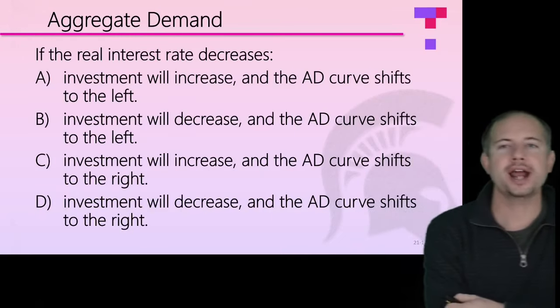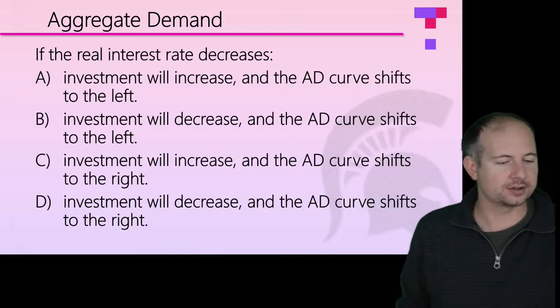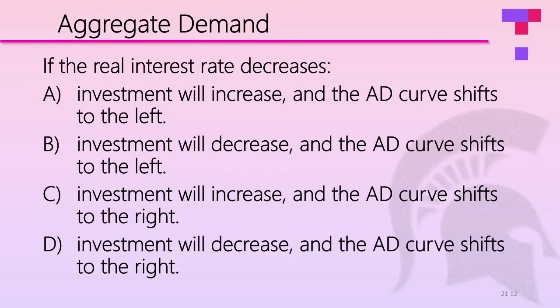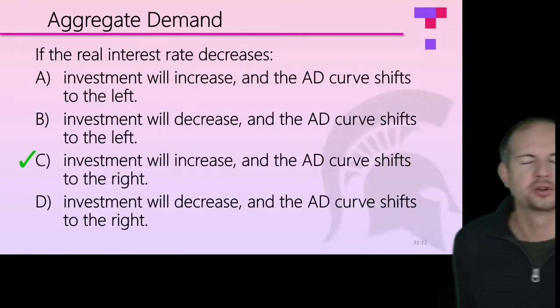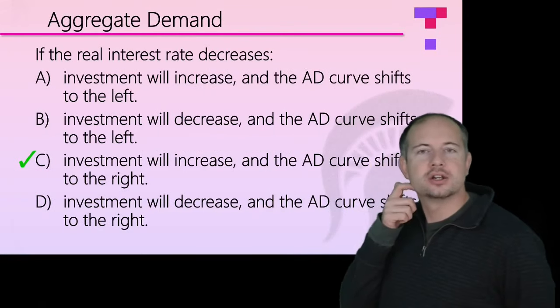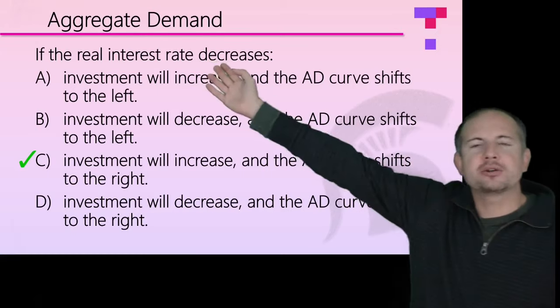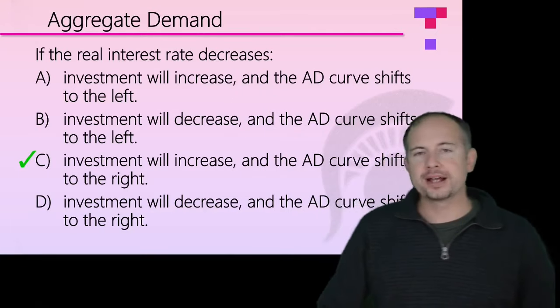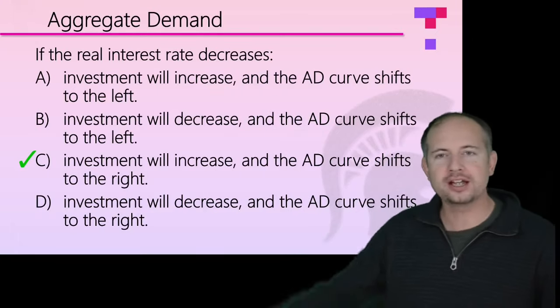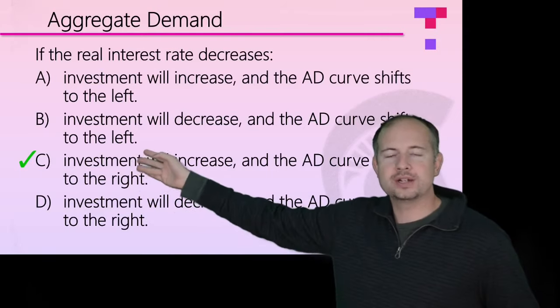Question: what happens if the real interest rate decreases? The real interest rate decreases, investment will increase, and the aggregate demand curve shifts to the right. So why is this? Well, when the interest rate decreases, it becomes cheaper for Michael Scott to borrow money to buy those forklifts. Investment increases.